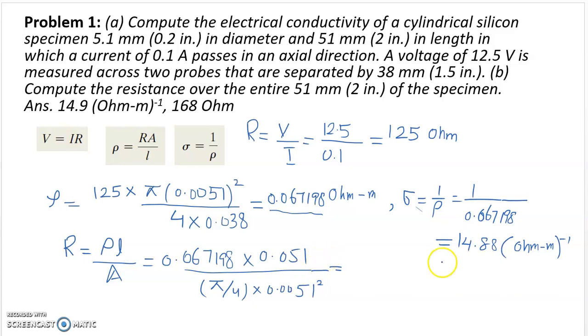So we can calculate it, and we get 167.76 ohm, which is the unit of the resistance. In this case, you can see that 125 ohm was the resistance for 38 millimeter length, but as the length was increased, the resistance was also increased.